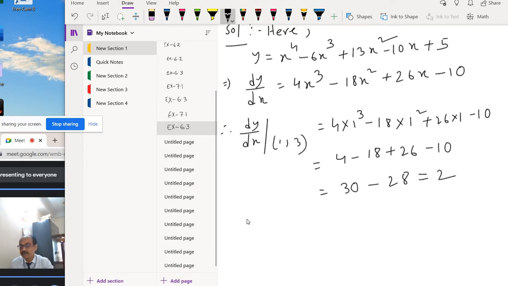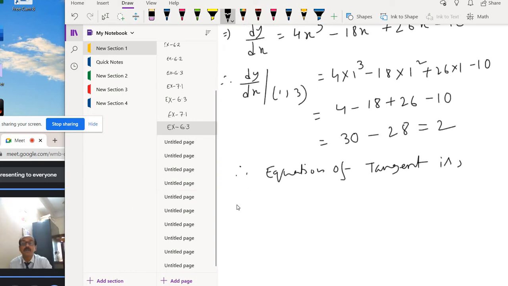Now the equation of tangent: y minus y1 is equal to 2 into x minus 1, at the point (1, 3). So y minus 3 equal to slope 2 into x minus 1.